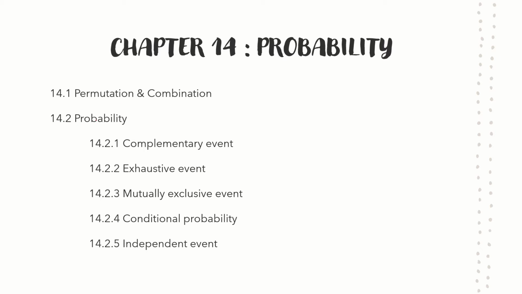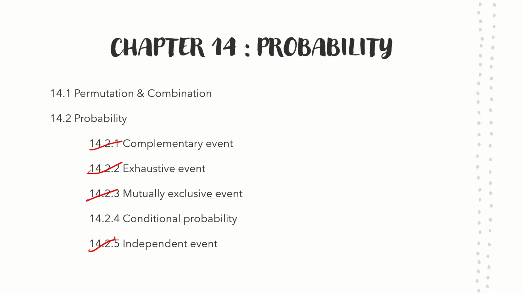You have to calculate the probability. The only new thing is you have to know the definitions of these 4 types: complementary event, exhaustive event, mutually exclusive event, and independent event.